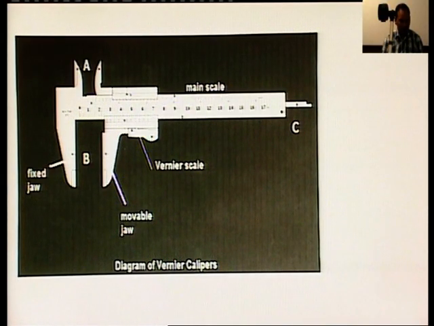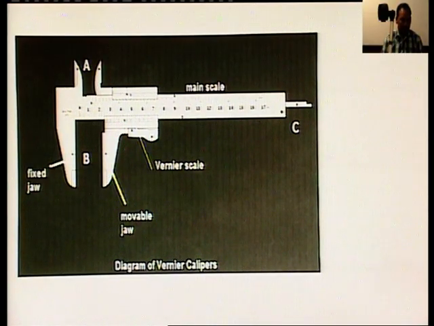A vernier caliper is an instrument used to measure the internal and external diameter of small tubes, depth of given vessels, diameter of thick wires, etc. It has two scales: one is the vernier scale and the other is the main scale.